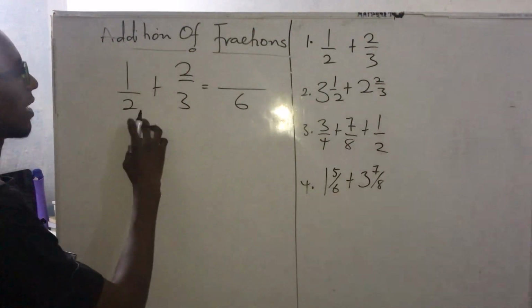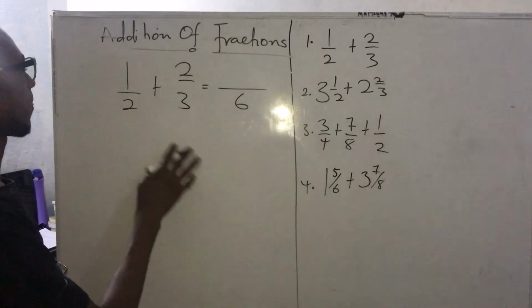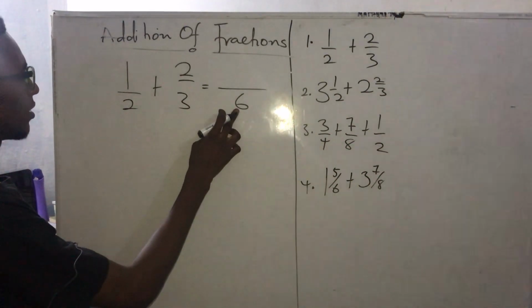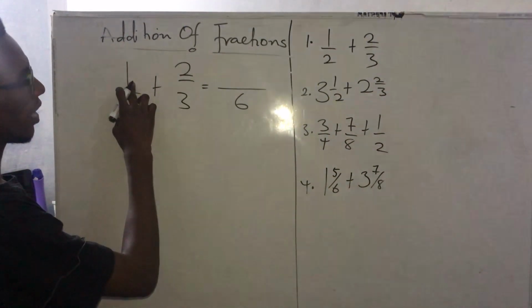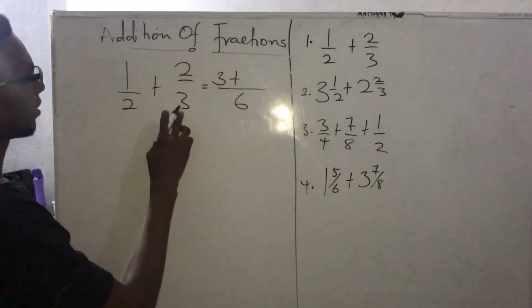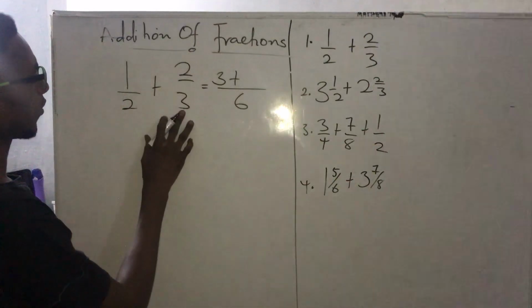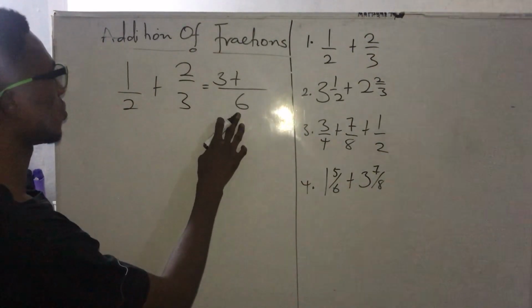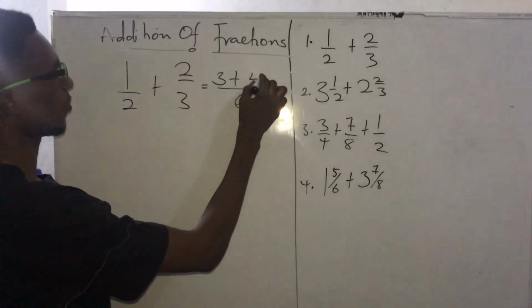When you multiply this by this, it's going to give you 6. So we have 6. How many times will 2 go into 6? 3 times. 3 times 1, we have 3. Then we bring the addition sign here. Then 3, how many times will 3 go into 6? 2 times. 2 times 2, 4. We have 4 over here.